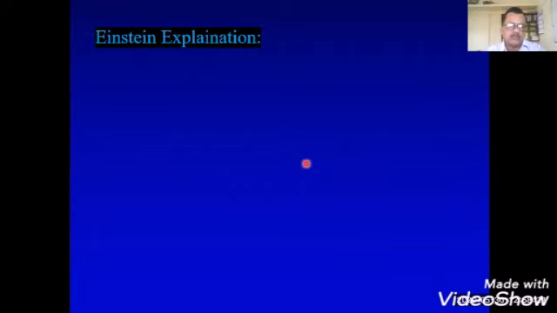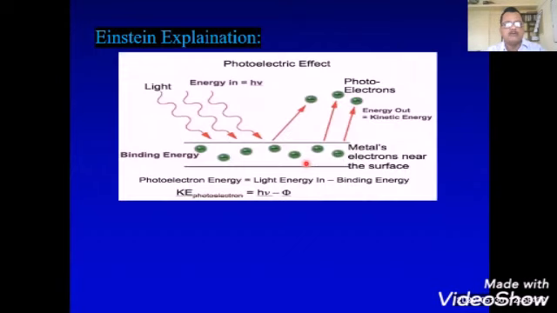Each photon has a definite amount of energy, and the energy of the photon depends upon the frequency of incident light. So Einstein applied Planck's theory to explain the photoelectric effect.